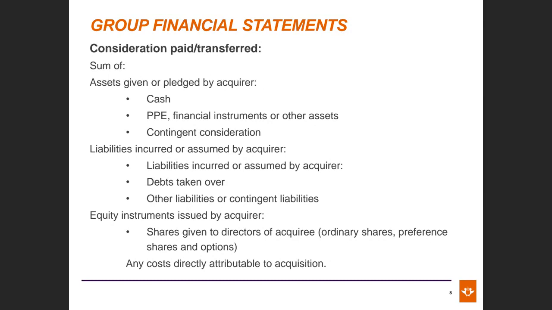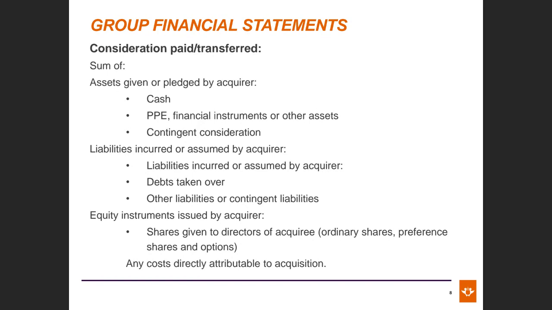So sometimes the agreement will say that the acquirer will pay 100,000 Rand provided the acquiree earns revenue of 2 million Rand in the next 12 months. So therefore, a portion of the consideration can be contingent on an event happening. So we then need to determine how we are going to account for this, and how likely the event is to happen. So those are some of the assets that can be pledged or paid by the acquirer.